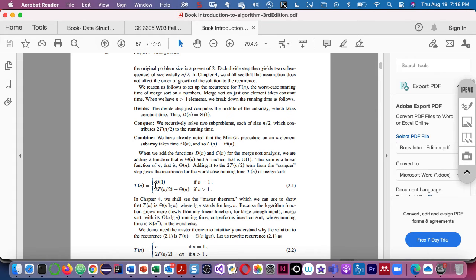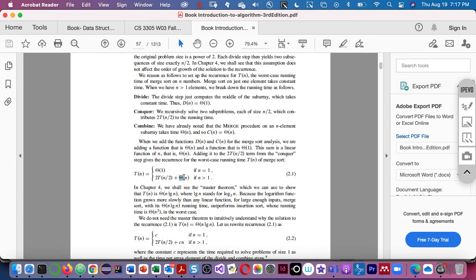Each takes this amount of time, T of n by 2, so the total time will be 2 times T of n by 2, plus theta of n, which is the merging time.